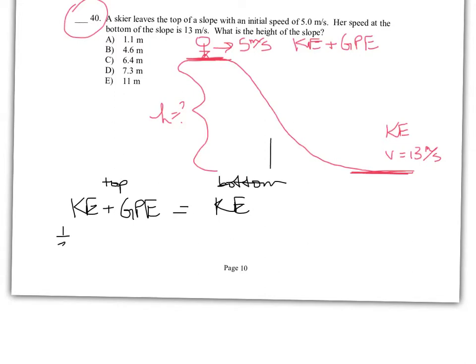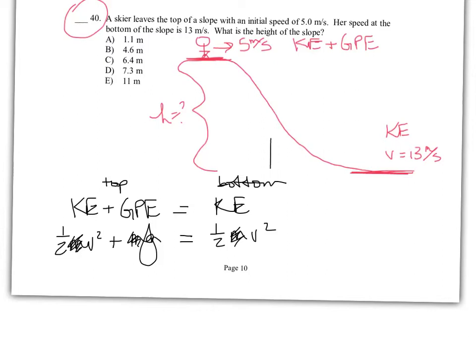Okay, so 1/2 mv squared plus mgh is equal to 1/2 mv squared. Notice in the problem, they didn't give us the mass of our skier. Well, look, all of our terms here have mass in them. So the mass term can cancel out. It goes to 0.